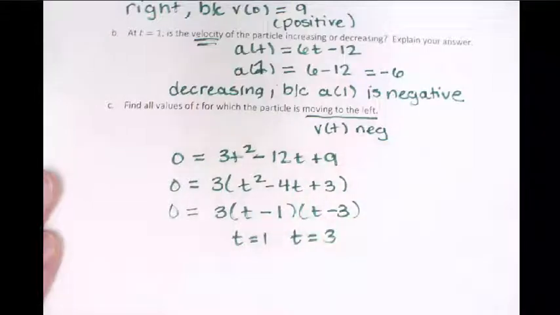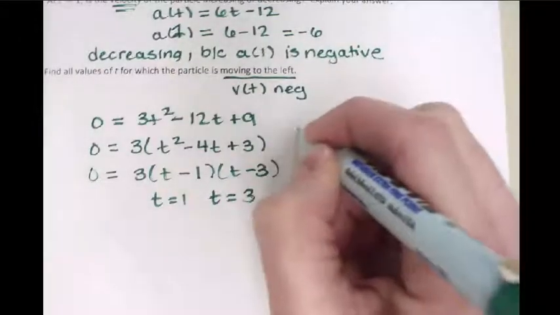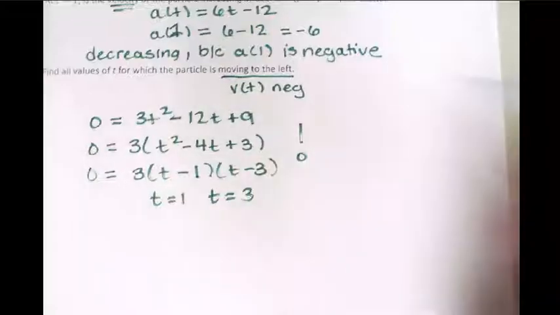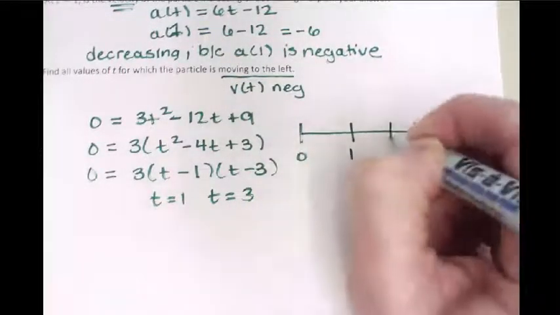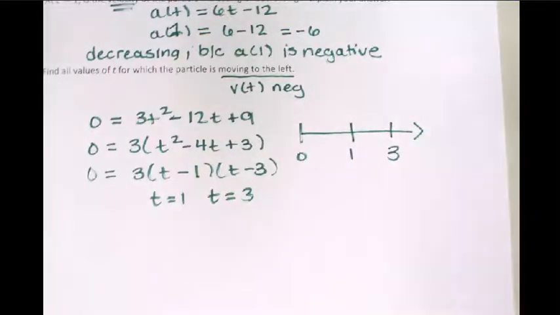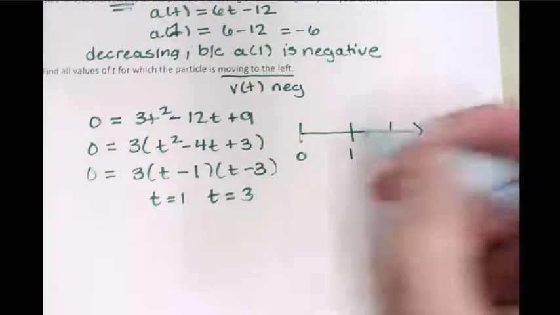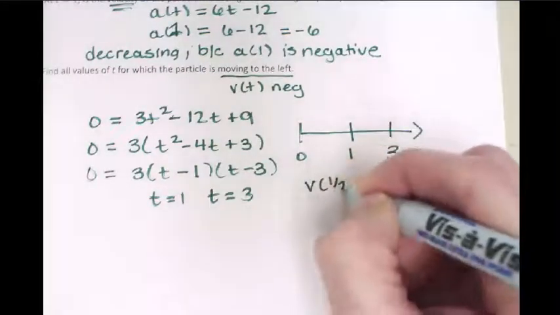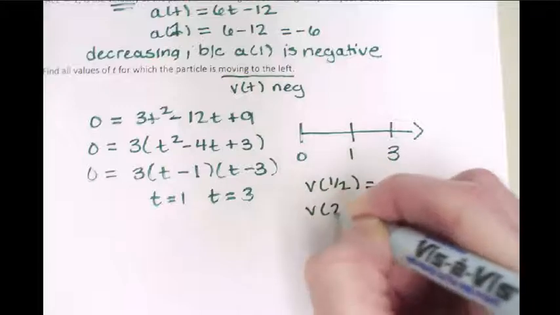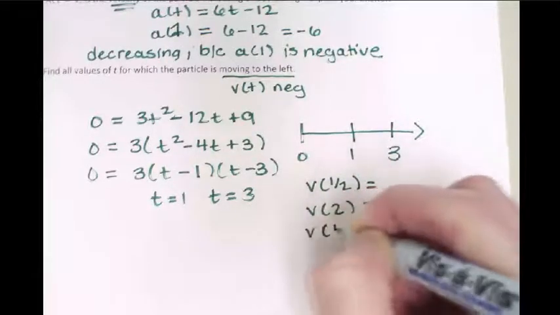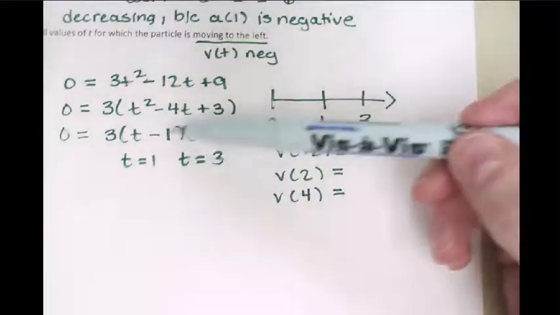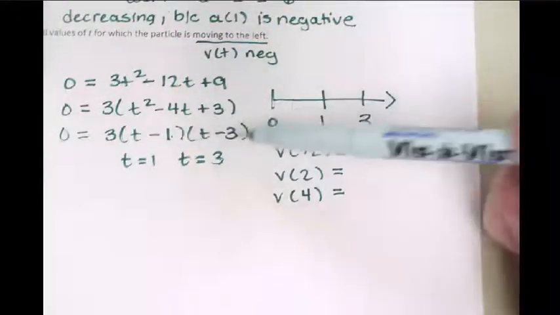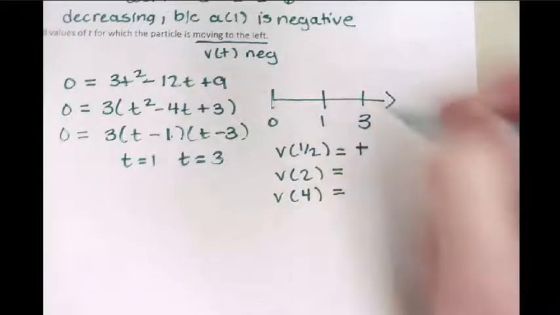So we're going to put them on a number line. We should always start it at time 0 because we're not going to have negative time. If you remember, pick a number less than 1, between 1 and 3, and greater than 3. So we're going to pick maybe a half, 2, and 4. If I plug a half in here, a half minus 1 would be negative, a half minus 3 would be negative, so a negative times a negative is a positive.